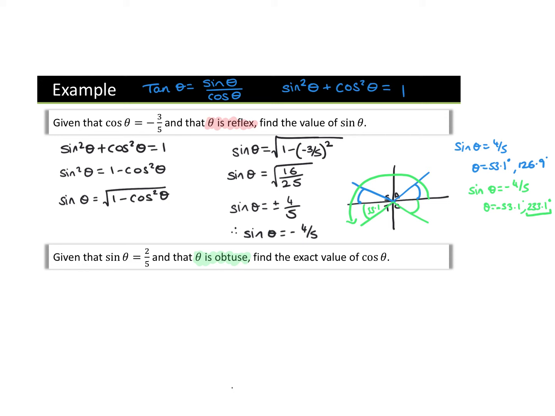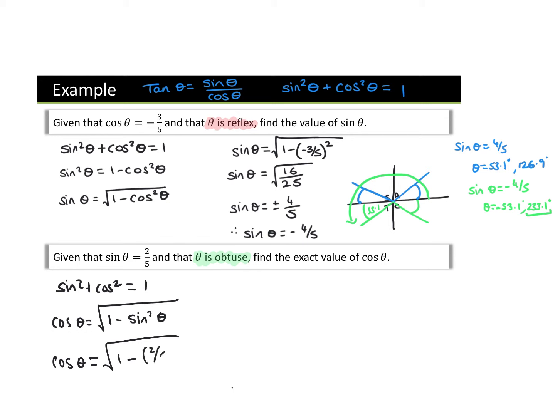So I'm going to use sine squared plus cos squared equals 1. I'm going to rearrange it. So I'm going to get cos theta equals the square root of 1 minus sine squared theta. So cos theta equals the square root of 1 minus 2 over 5 squared, 4 over 9.